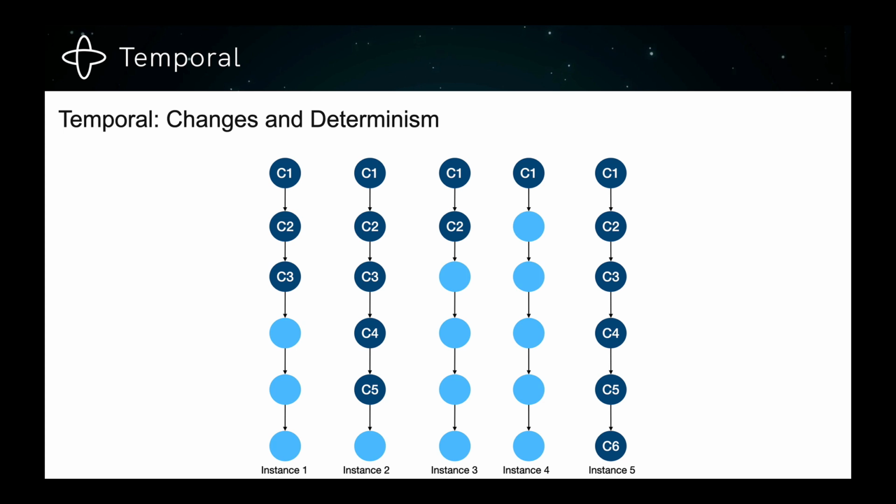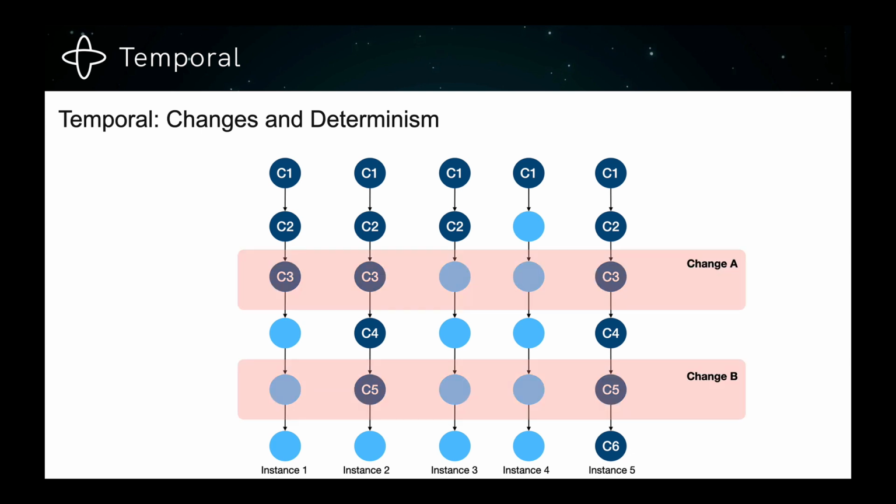So in this slide, we show, for example, 5 workflow instances, and each one is at a different stage or part of workflow execution. Again, the dark blue circles represent code that has executed so far, and the light blue circles mean the code that hasn't yet.